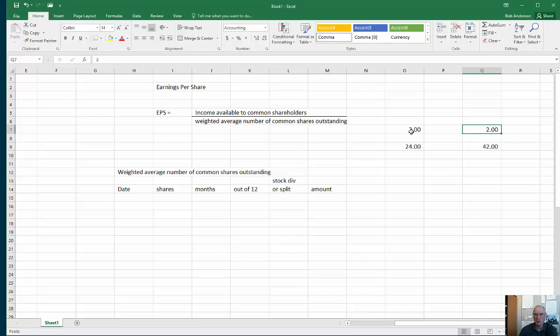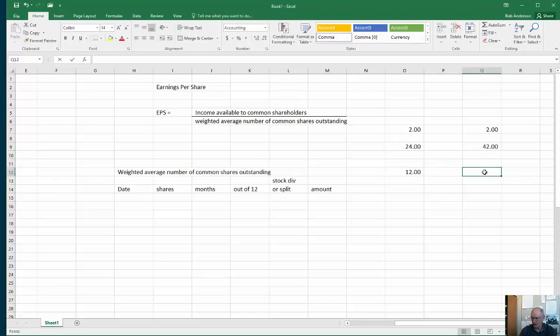Now, the $2 does not mean that they gave it to you in the form of a dividend. It's just basically pretty much net income with an adjustment. So if you're thinking of buying shares on the stock market, this is certainly one of the factors, right? And if you think of this, let's cut that in half and make it $1. Well, you're paying $12 with this company to earn $1.